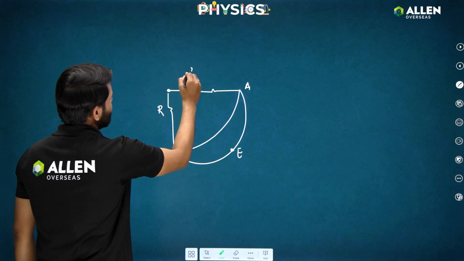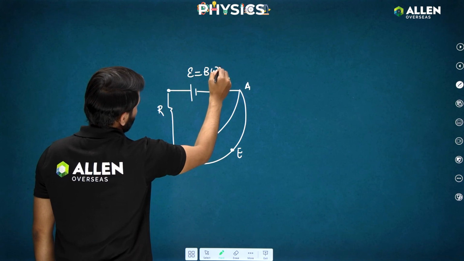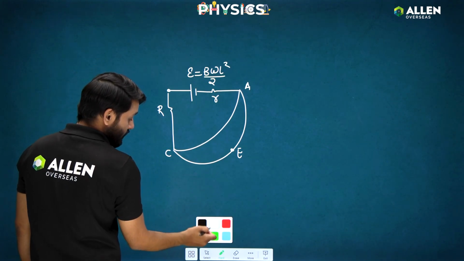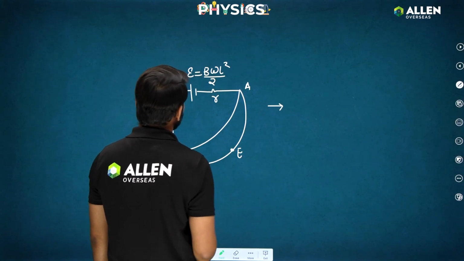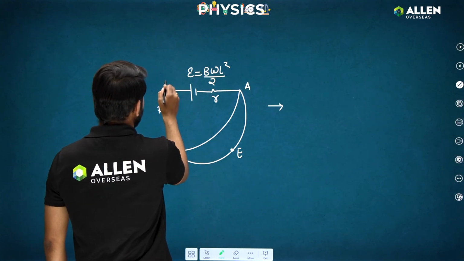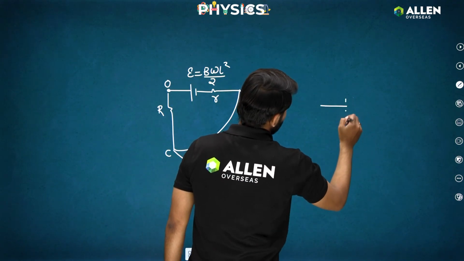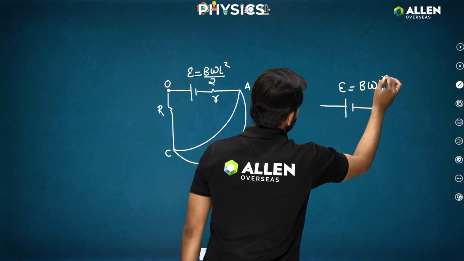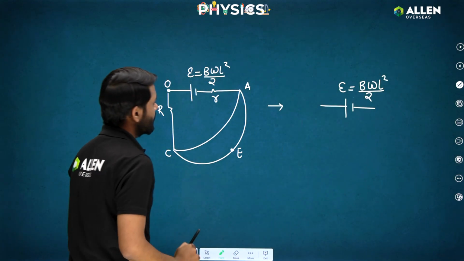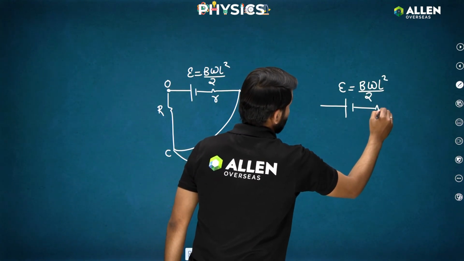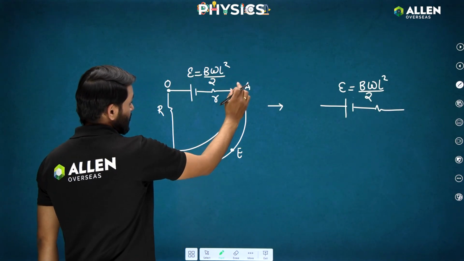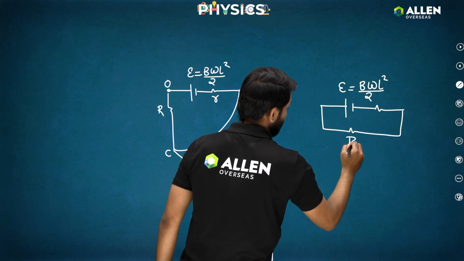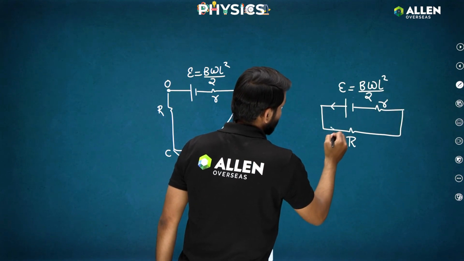And this is E, B omega L square by 2. This is a small r. These two are also at the same potential, so you can draw the diagram like this. This point is O. So like this, E is equal to B omega L square by 2, right? And this is a small r, and they are at the same potential, so you can join these two also. So this is capital R, this is a small r, and current will flow like this.